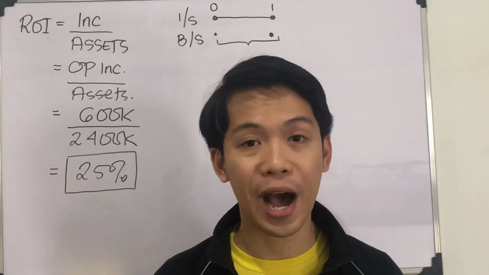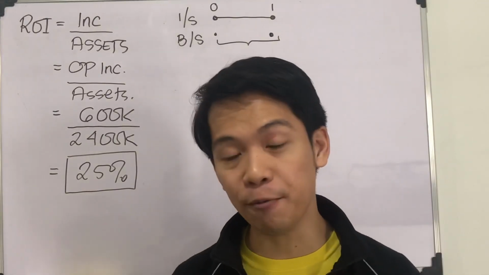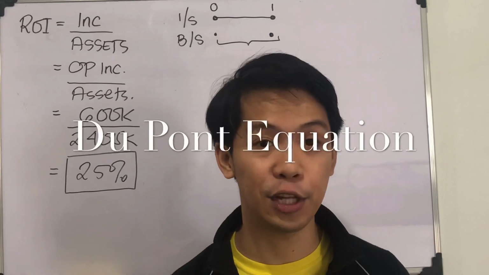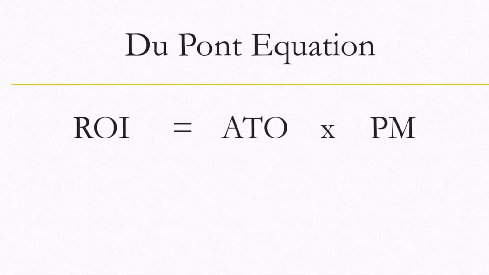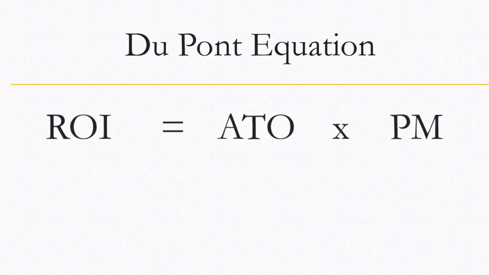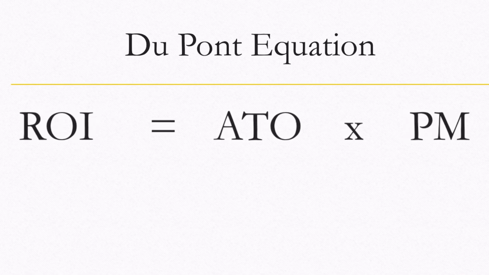Aside from the ROI calculation as it is stated here, we have an alternative way in arriving at the ROI. That is the DuPont equation. The DuPont equation states that ROI is equal to your asset turnover multiplied by the profit margin.